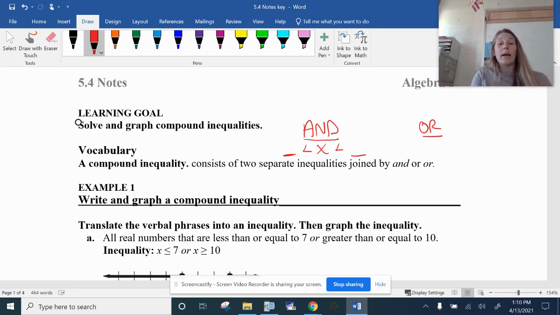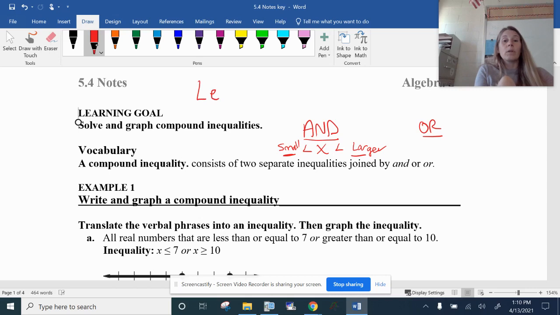And when you do it like that, the smaller number will always be on the left and the larger number will always be on the right. And your inequality signs will always be less than signs. So I always think of a less than sign, the symbol kind of looks like the letter L, and that's how to remember it. And then the or problem, it's just like two separate inequalities.